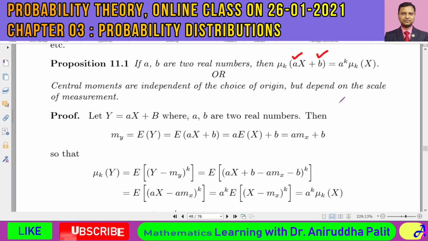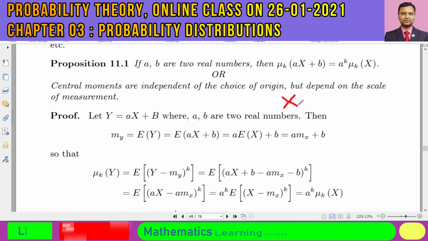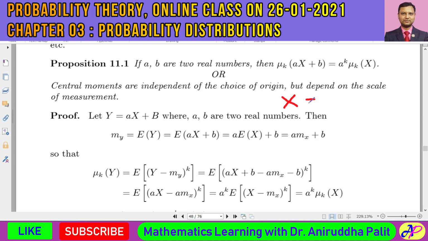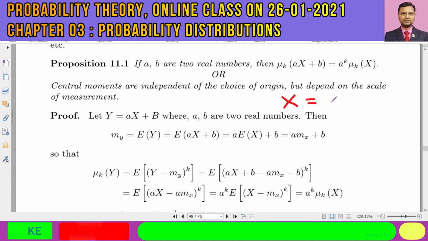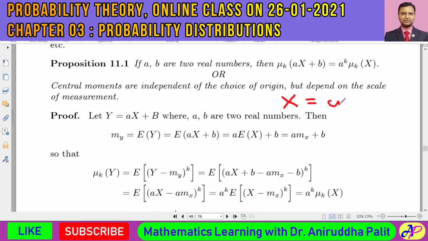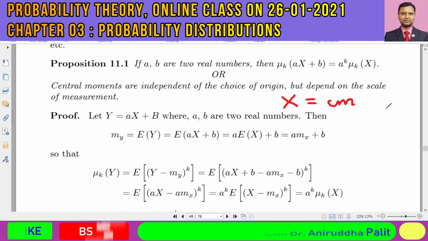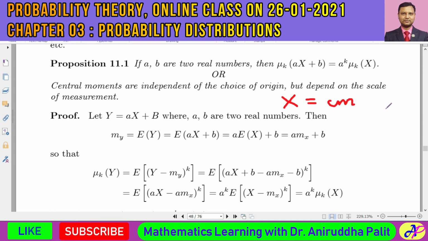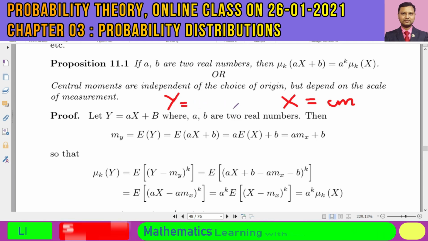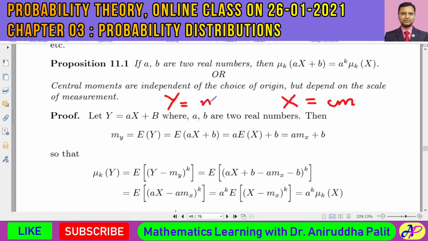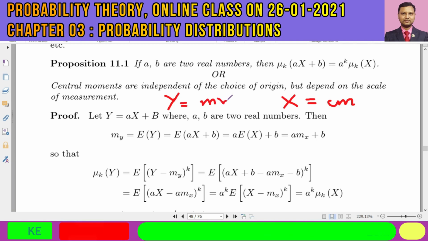How is it possible? Suppose you want to represent a random variable with the unit centimeter. Suppose it is a measure of a certain length and X has the unit centimeter. And suppose Y is another random variable measuring the same distance, but that distance is to be represented in millimeters.